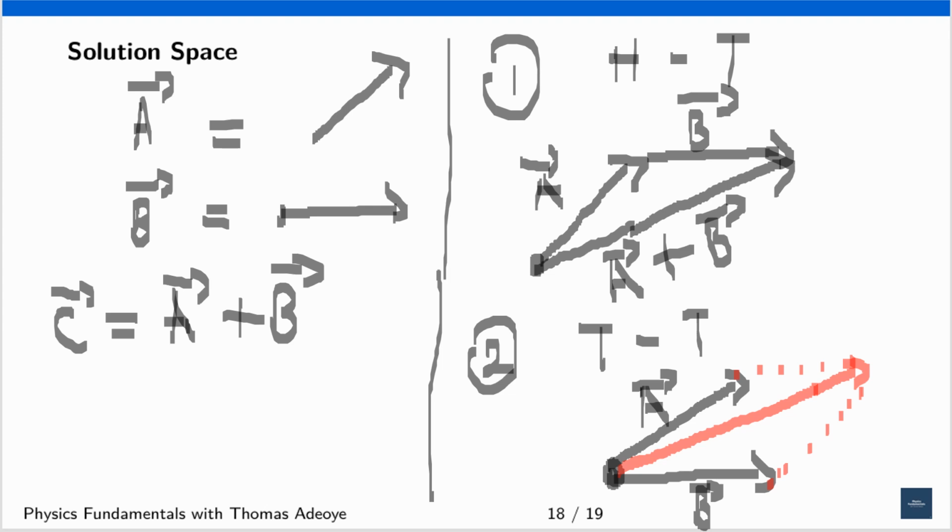And here we have our C, which is A plus B. Mind you, whichever method you use, you can see that this line and this line look alike. In fact, they are supposed to be the same. If it is well drawn, they are parallel and the length should be the same. So this is to show that whichever method you use, you are still going to get the same thing.